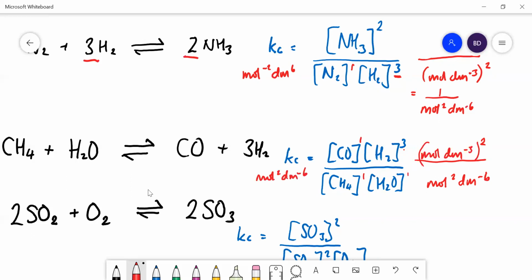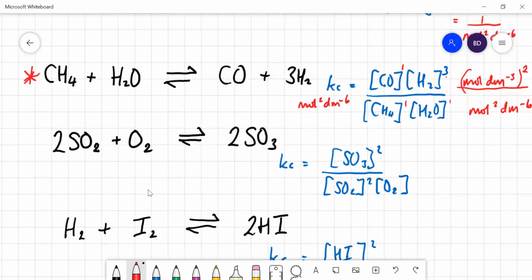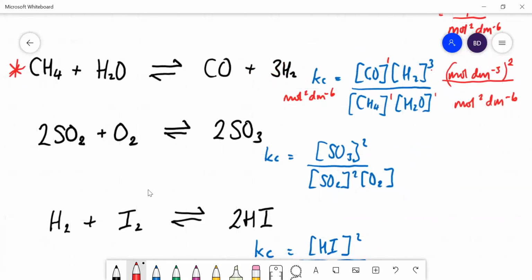So that's going to be mole squared dm to the minus 6 is the units of that one. Okay, we'll do this one here, sulphur dioxide. This is in the contact process. So sulphur dioxide reacts with oxygen to make sulphur trioxide, which is then used to make sulfuric acid. So we're going to have mole dm to the minus 3 squared on the top.